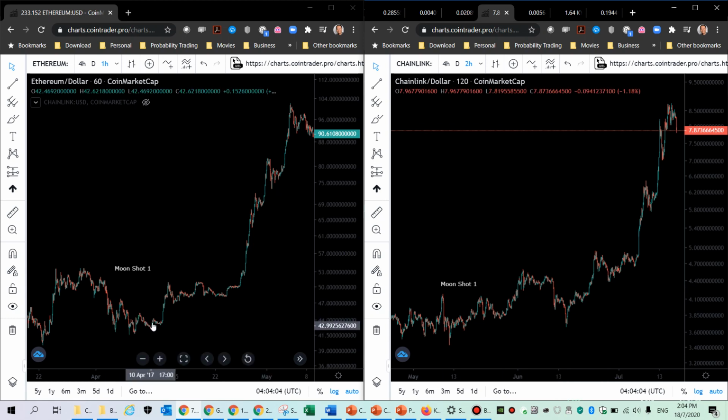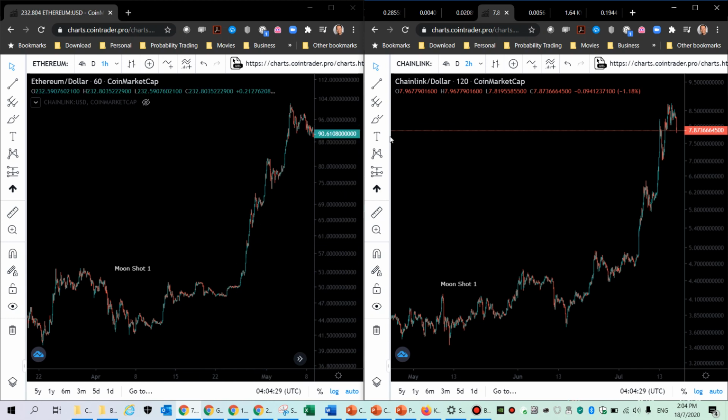It goes up and retraces a little bit, goes up and retraces a little bit, and then it pushes up and does this zigzag, almost like a countdown, isn't it? So that pattern here is very similar to this. When it pushes up, it does a small zigzag and then goes back up to do a countdown just before it shoots up into Moonshot 2. So that's where we are.